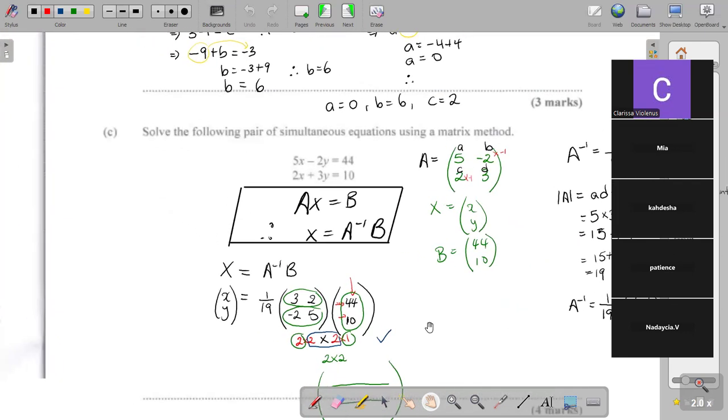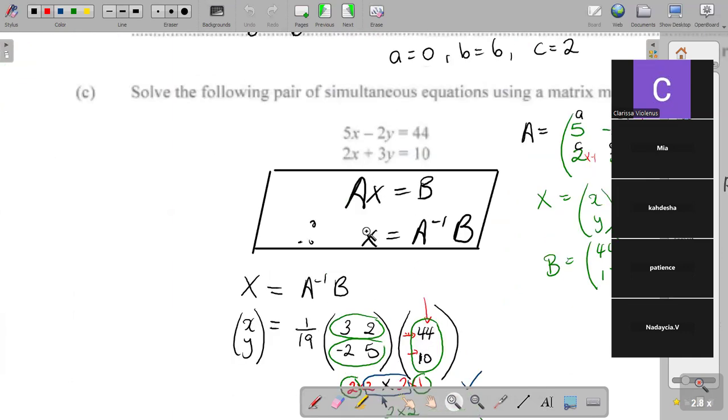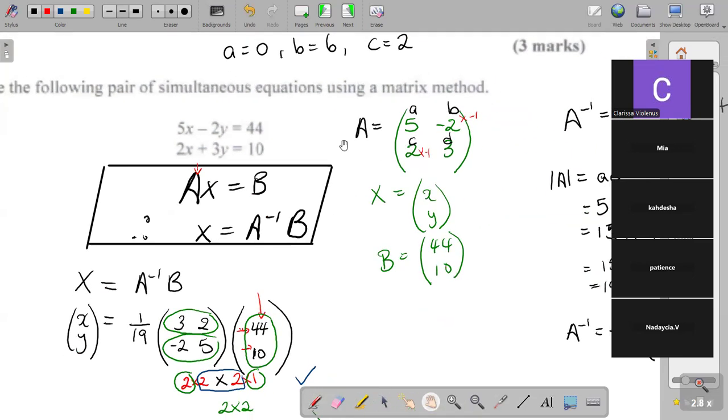All right, so let's do that. The first thing you need to remember is this formula here. You have to memorize this because this is what tells you how to find your X and your Y. So what you should know is that A is your coefficients, right? So this is a matrix with all the coefficients. Look at here.